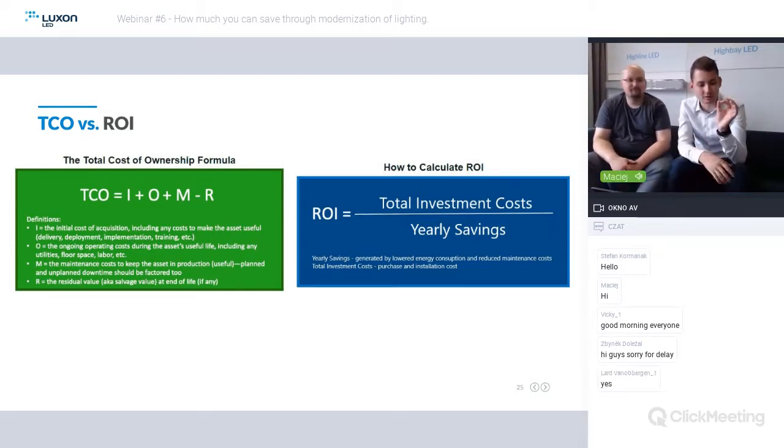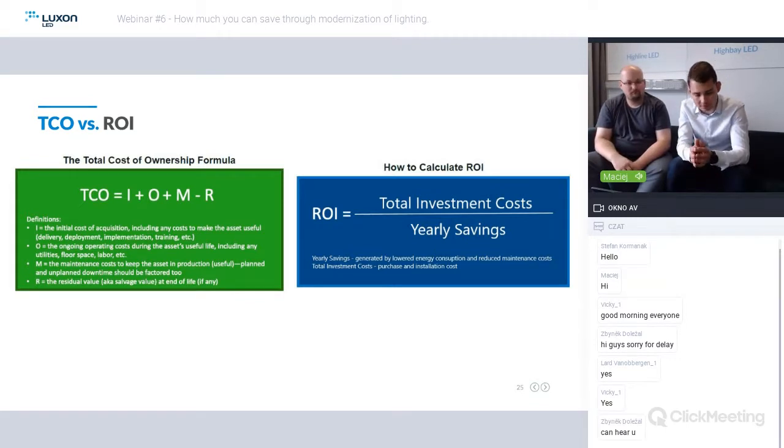Yes, okay. Thanks. So what you have to calculate within TCO is the total cost of ownership. If your client wants, and we do it for our end customers in Poland, we also give them the service.